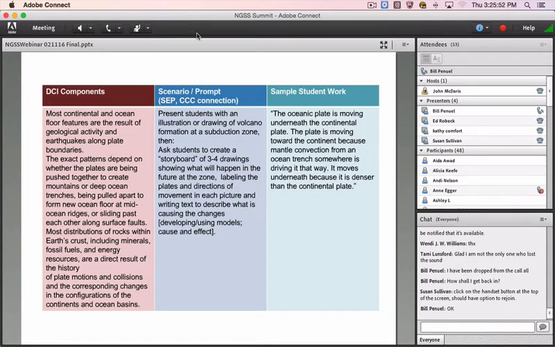We then could ask students to create a storyboard of 3 to 4 drawings showing what would happen in the future in a subduction zone, and they would label the plates and directions of movement to describe what's causing the changes. And I've got in the brackets, that's getting at both cause and effect as a cross-cutting concept and developing and using models as a practice.